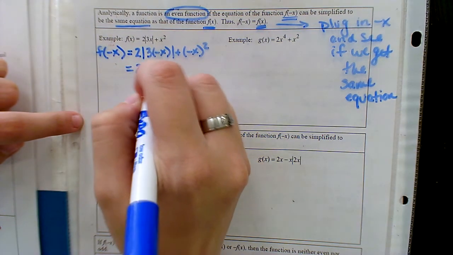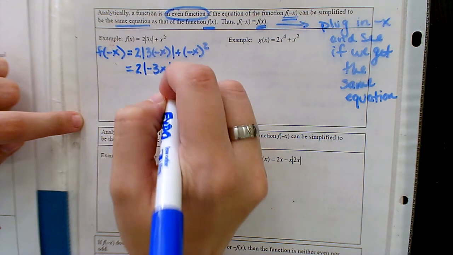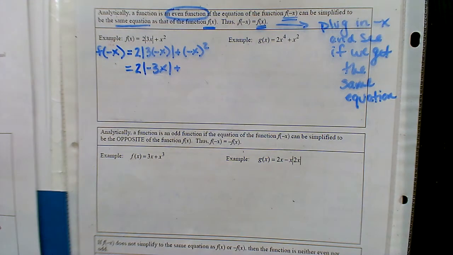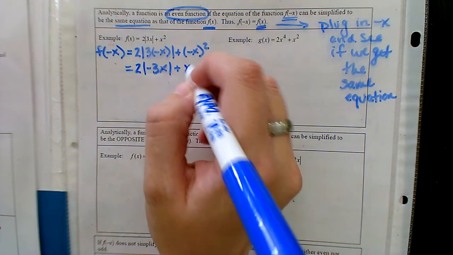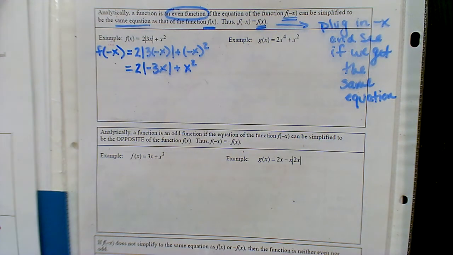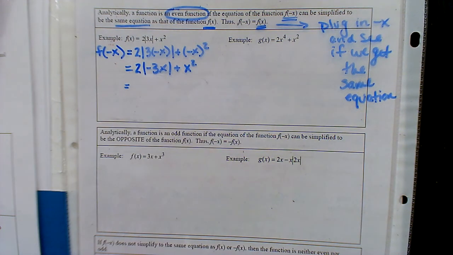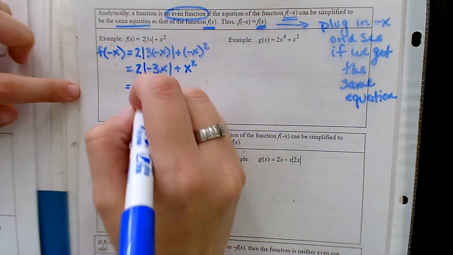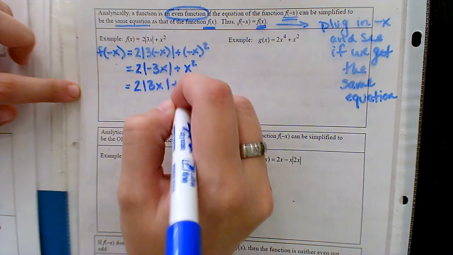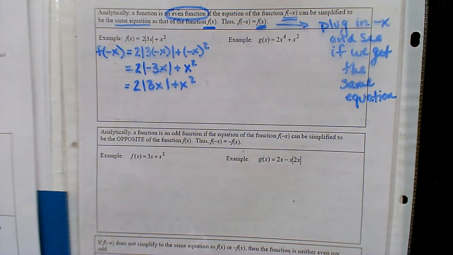So let's see, 3 times negative x is negative 3x. And from yesterday we saw negative x squared simplifies to positive x squared, right? Negative x times negative x. What about the absolute value of negative 3x? It would just be 3x, right? Absolute values get rid of negatives. Do we get the same equation back?